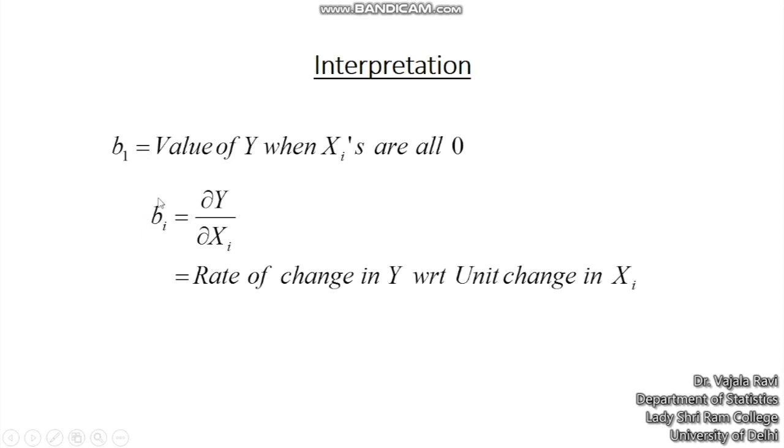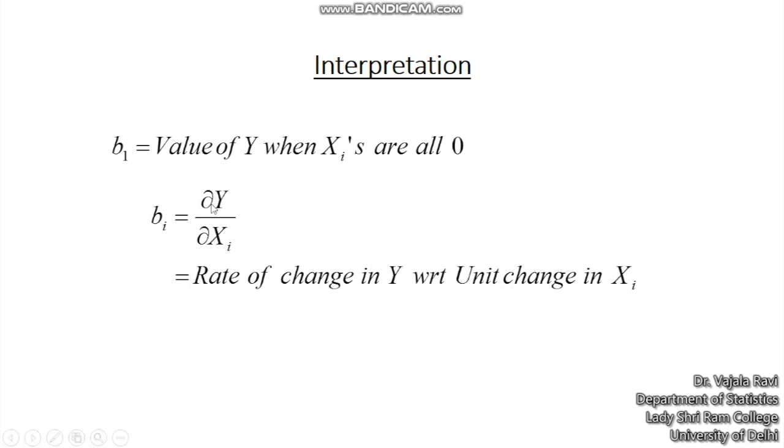Now when we talk about the slope coefficients, the partial differentiation here is making more sense. Earlier the partial differentiation was same as the complete differentiation because there was no other variable. Here we talk about the partial differential, which means the rate of change in y with respect to unique change in xi when all the other variables are held constant.